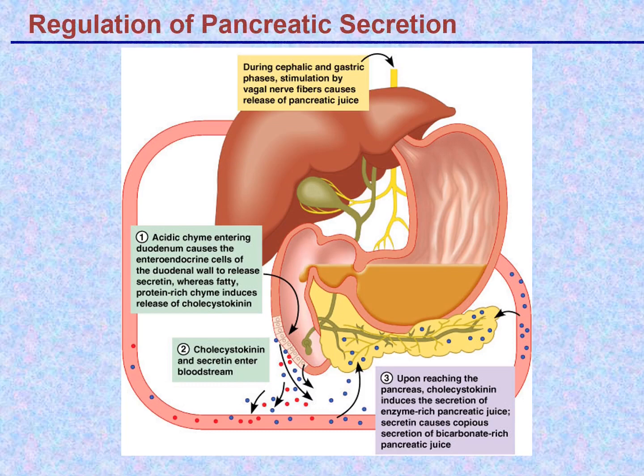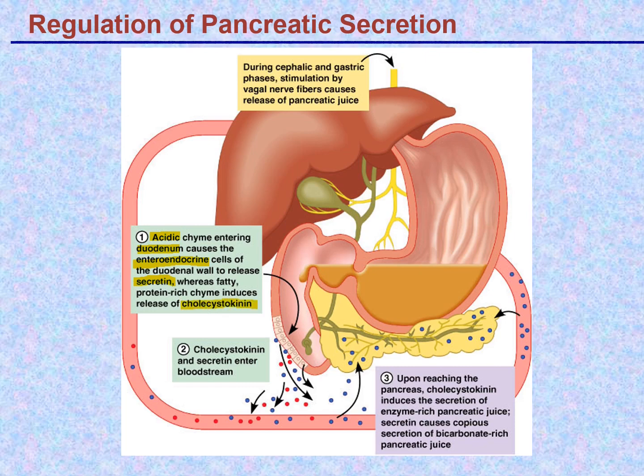And again, a similar diagram to the one we looked at before, where acidic or fatty chyme enters the duodenum, causing enteroendocrine glandular cells in the wall of the duodenum to release secretin. Fatty, protein-rich chyme will induce release of cholecystokinin.